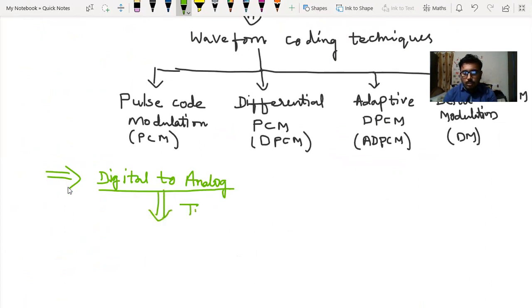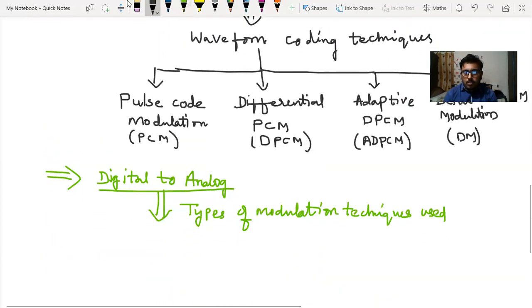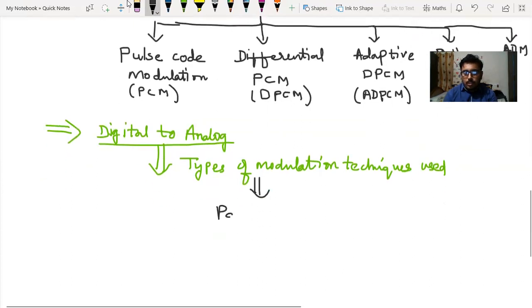So here, the types of modulation techniques used are the passband modulation techniques.